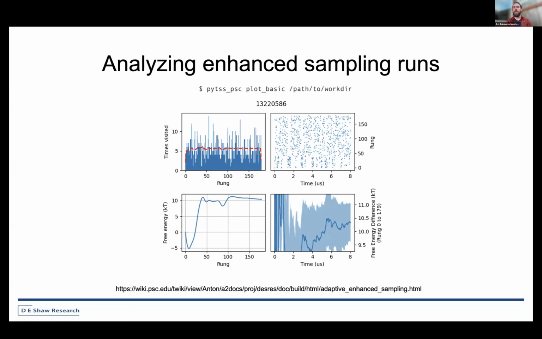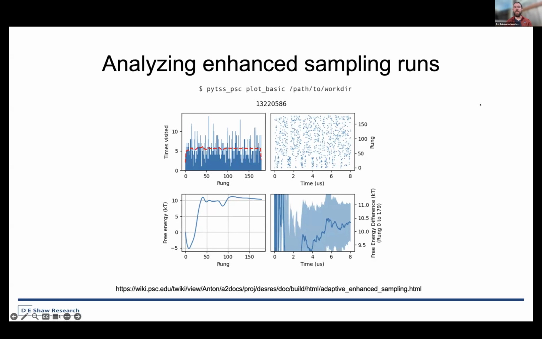Similarly, on the top right, this is showing the distribution of rung visits over time. If you see a dense pattern, that's good. If you see it spending a lot of time in one chunk of the graph and then a bunch of time in another, you may have something that's not well converged.